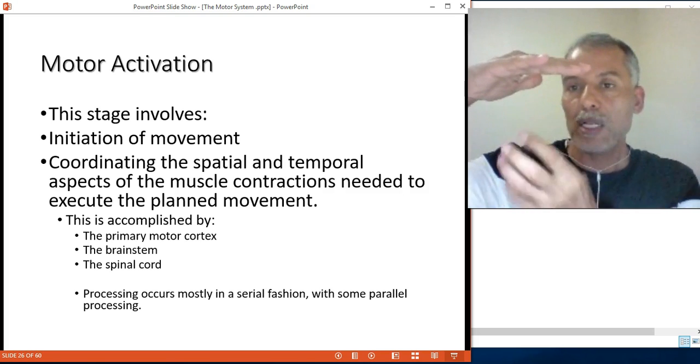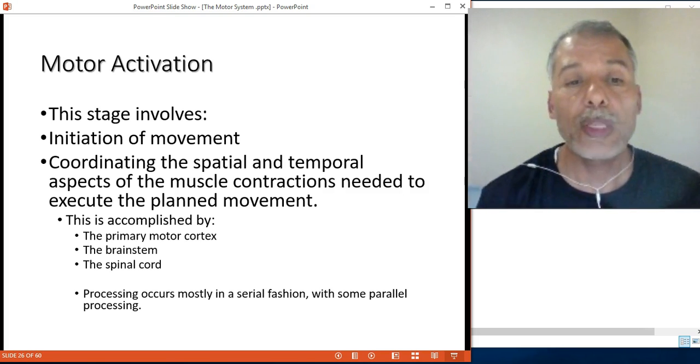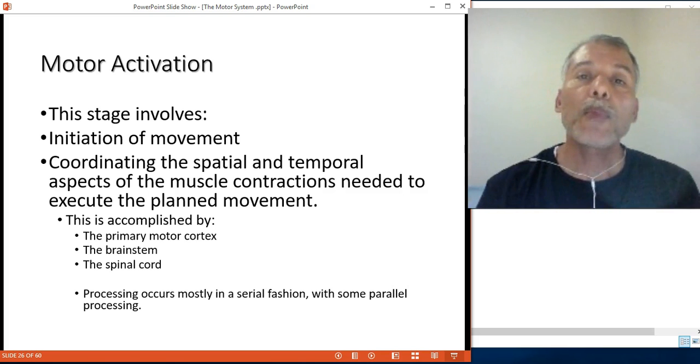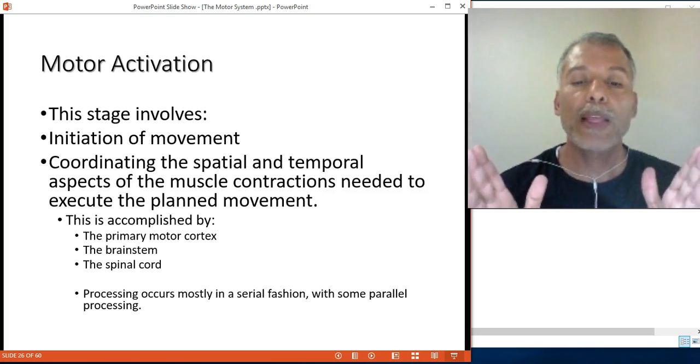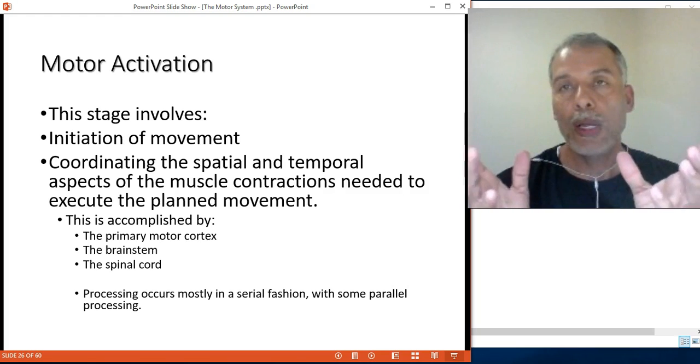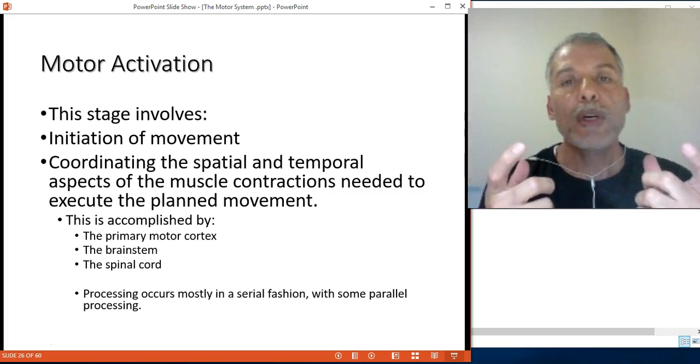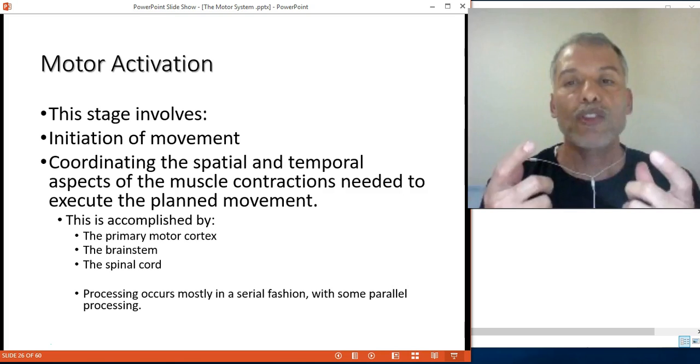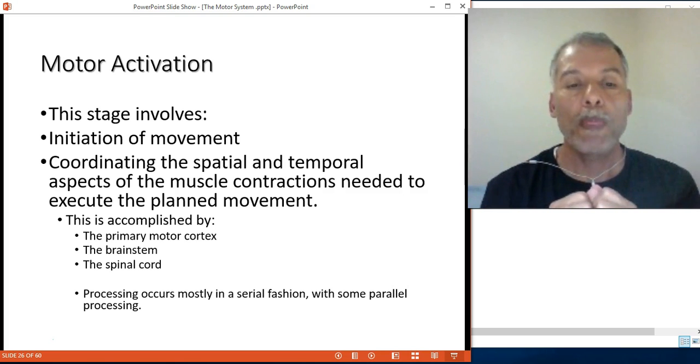So these axons that have to do with motor abilities, they form what is known as the pyramidal tract, or the pyramidal pathway.